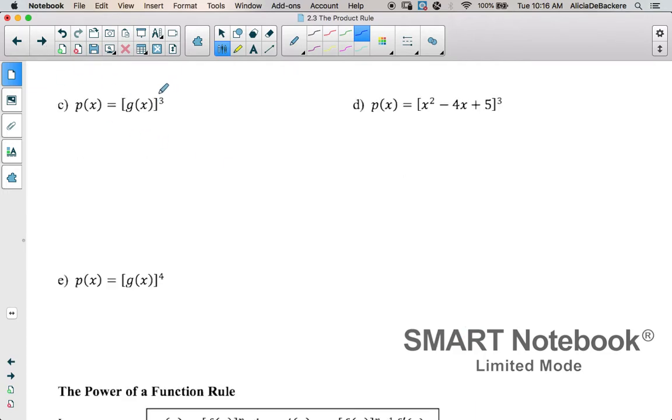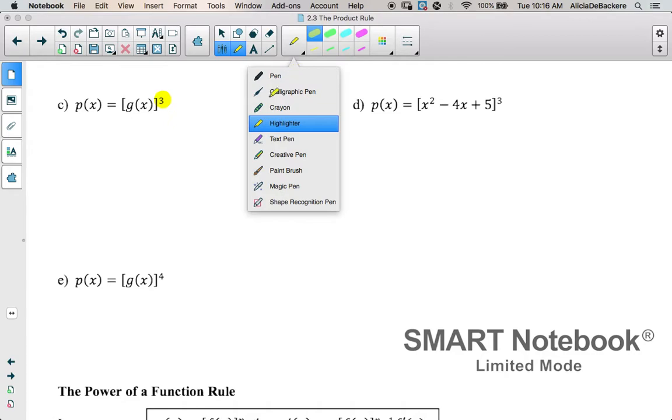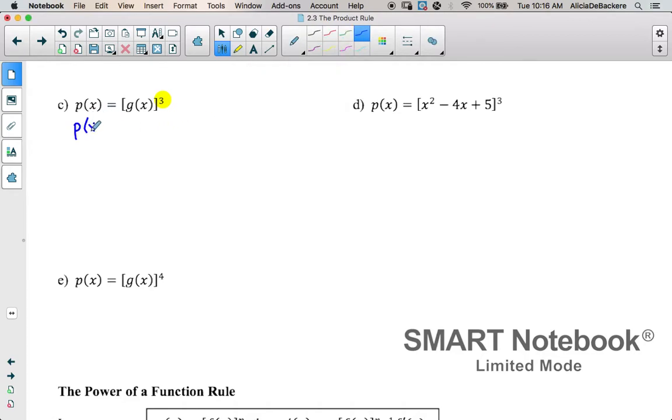All right, so what happens if there's a 3 on the function? What's going to happen when I take the derivative of that? So that means that p at x is g at x times g at x times g at x, and we have that extended product rule.